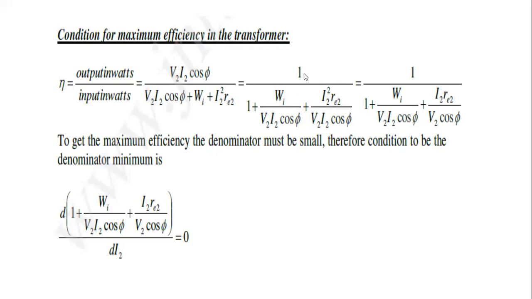Then we obtain 1 plus Wi by V2 I2 cos phi plus I2 square R2 by V2 I2 cos phi, dividing both numerator and denominator with respect to V2 I2.